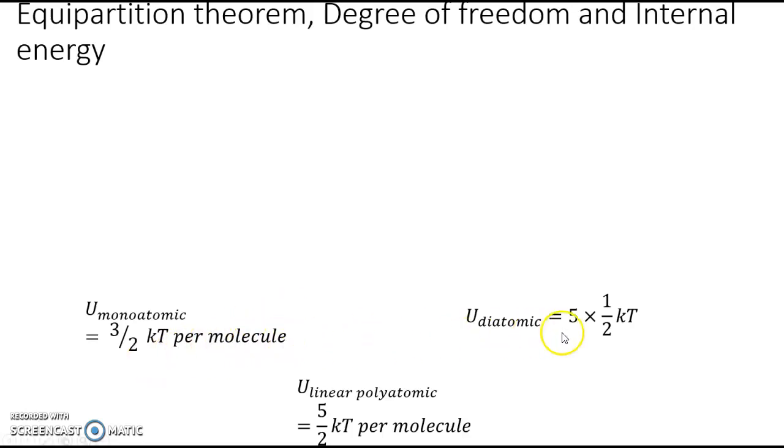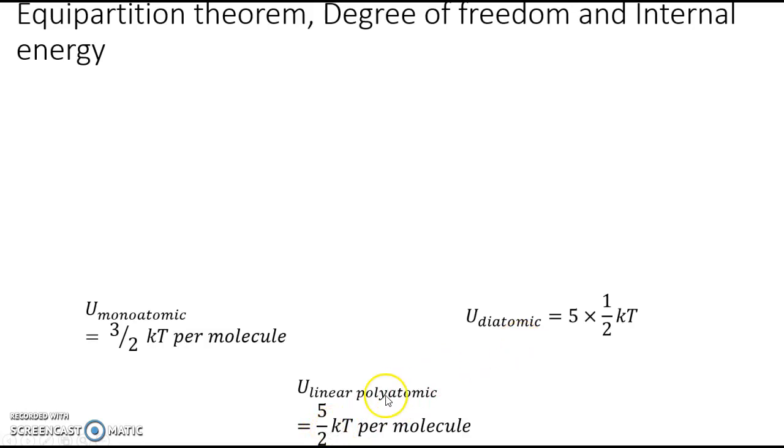For the diatomic molecule, it's 5/2 kT from 3 translational degrees of freedom and 2 rotational degrees of freedom. It is 2 because it's a linear molecule, multiplied by half kT, so we have 5/2 kT. And for the linear polyatomic molecule, the internal energy is 5/2 kT.